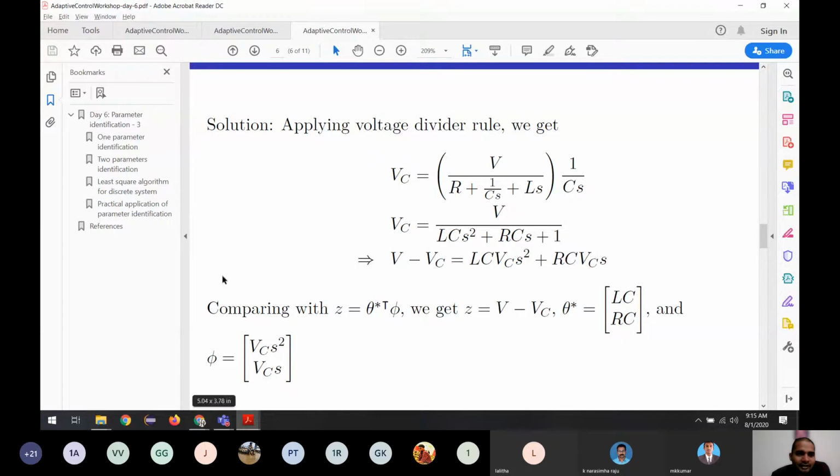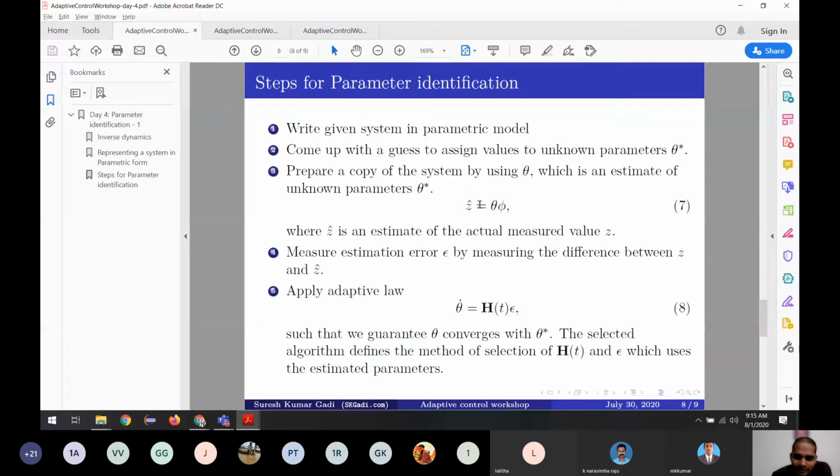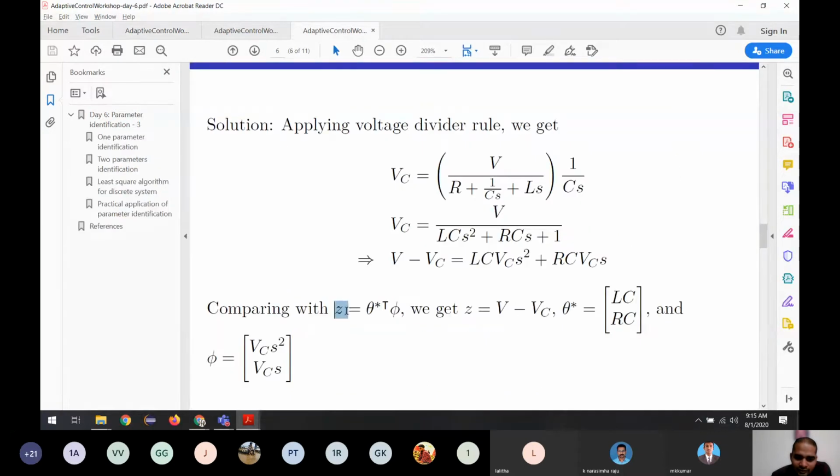Before proceeding, I have to say I made a mistake. I will correct it in the future. This is actually not theta times phi. Until now, we never had a problem because we had scalars. Actually, it is theta transpose times phi. Why? Because that's the actual model. We have Z is equal to theta star transpose phi.